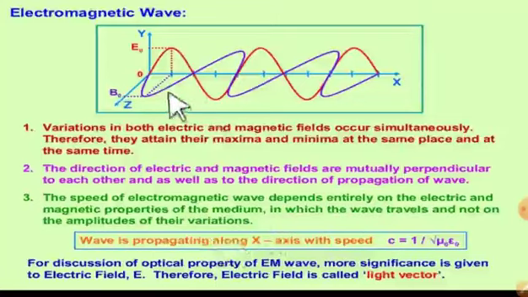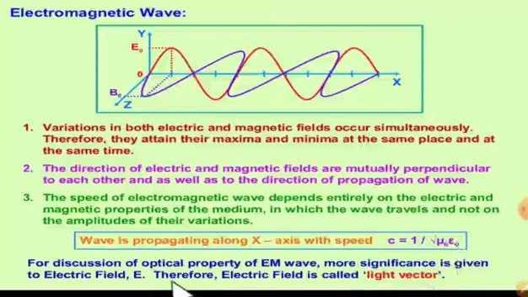We know that the speed of light in vacuum is expressed as 1 by root over of mu naught and epsilon naught, where mu naught is the permeability of the vacuum or free space, and epsilon naught is the permittivity of that free space or vacuum.